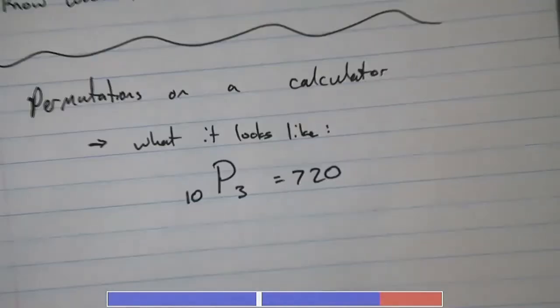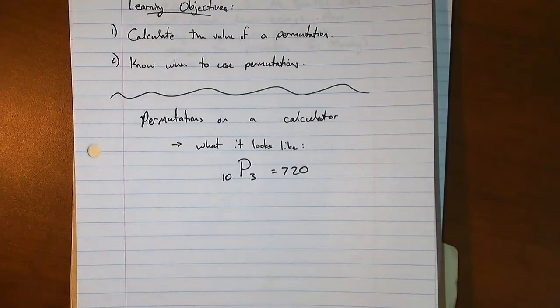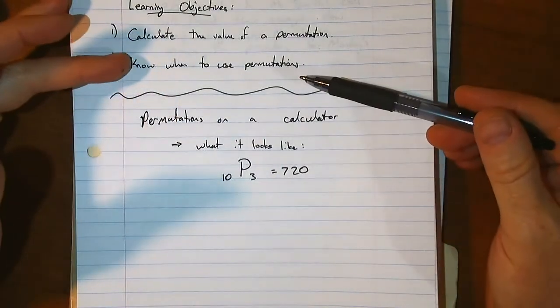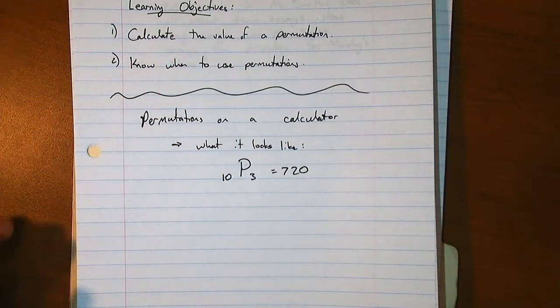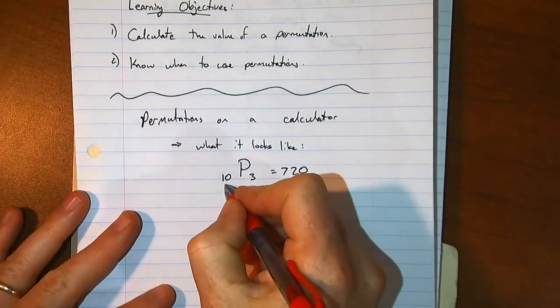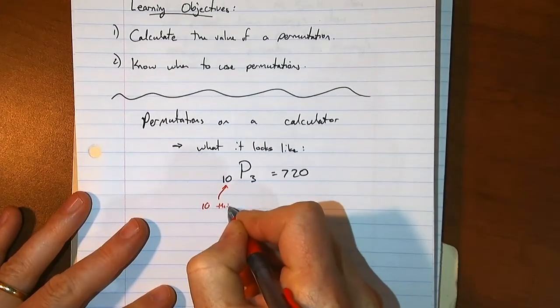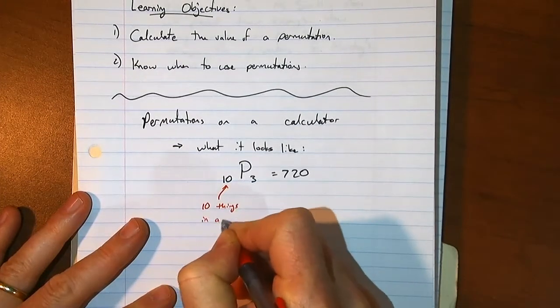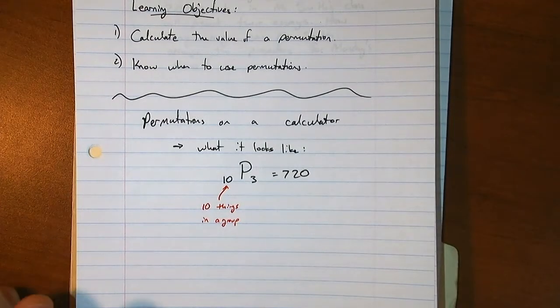Okay, so that's what it looks like when you do it on your calculator. But of course, then the question becomes, what does that mean? Okay, so let's talk about the meaning of this. And the meaning of this will help us then transition into how do you know when to use it. So first of all, this means I have a group that has 10 things in it. That's what that number means. I have 10 things in a group.